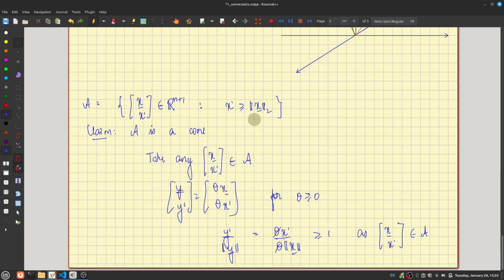All right. So if some vector lies in the set, then theta times that vector for every theta greater than or equal to 0 also lies within the set. So it's a cone.